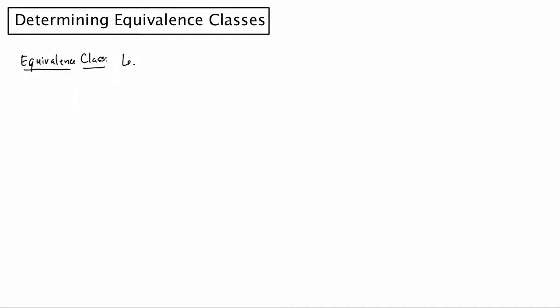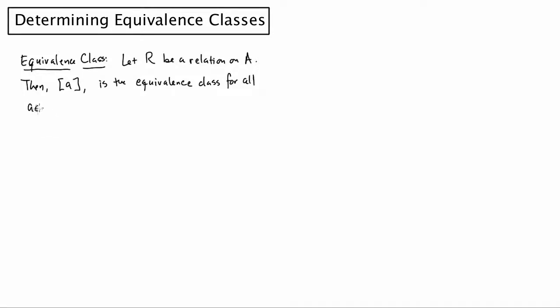So we're going to start by supposing R. Let R be a relation on the set A. Then I'm going to create a new set called the equivalence class of a, denoted by [a], for all elements a in A, given by the following set.